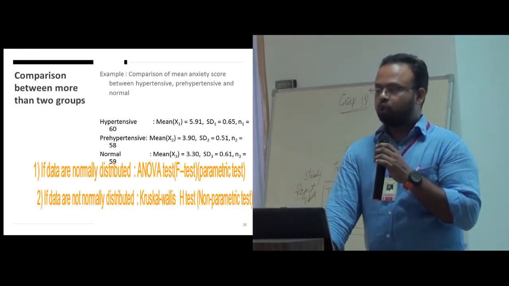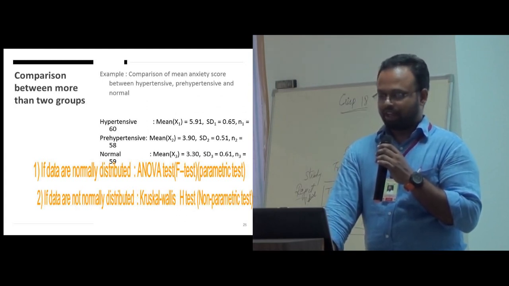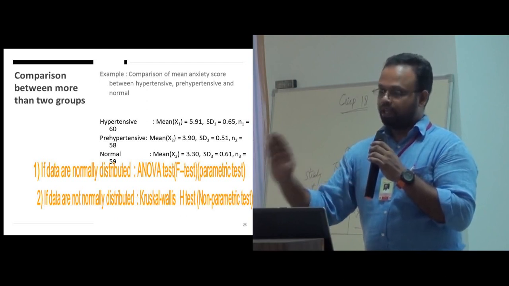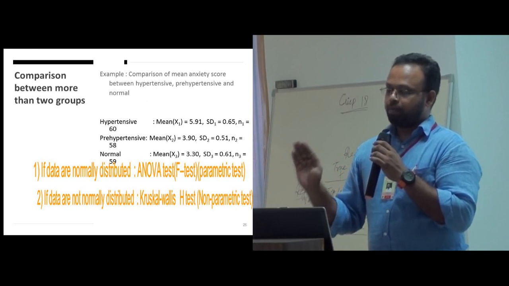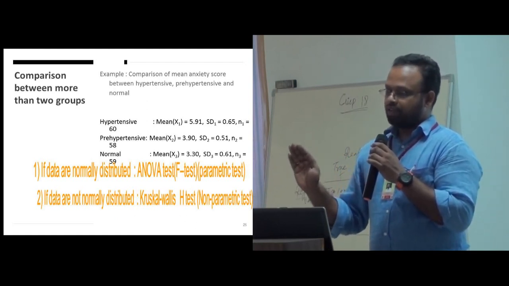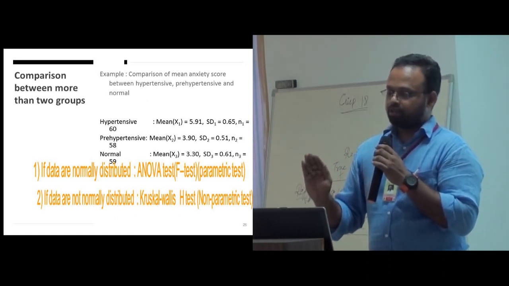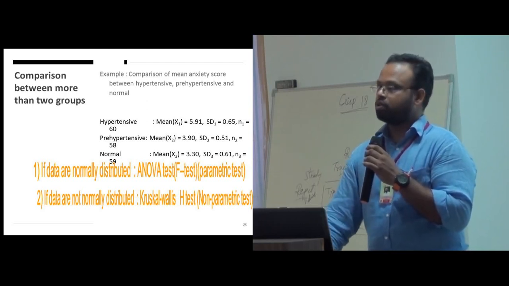Comparison between more than two groups. Comparison of mean anxiety score between hypertensives, pre-hypertensives and normals. Hypertensive mean is 5.91, standard deviation 0.65; pre-hypertensive 3.90, 0.51; normal 3.3, 0.61. What is it?